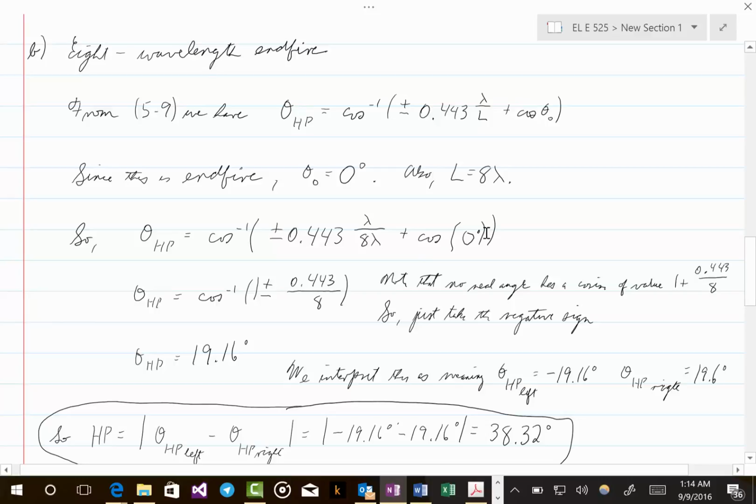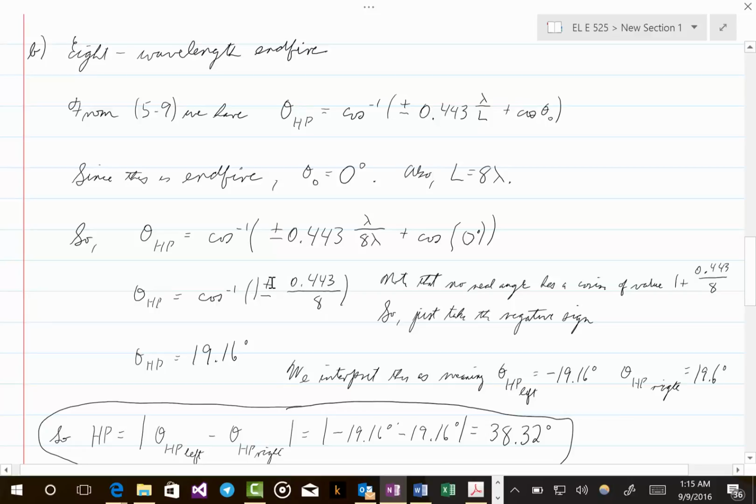Now, of course, we know the cosine of 0 degrees is 1, and so going down to the next line, we'll put that 1 here in the front, and so we get that theta HP is equal to the inverse cosine of 1 plus or minus 0.443 over 8. Now think about that equation for a moment.